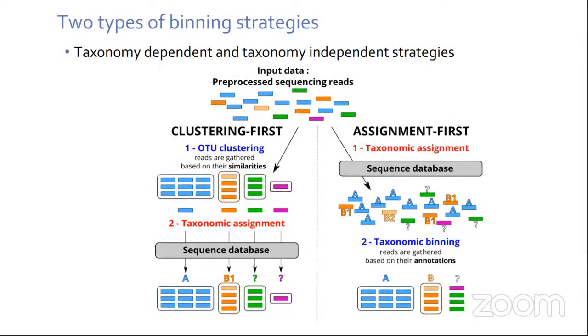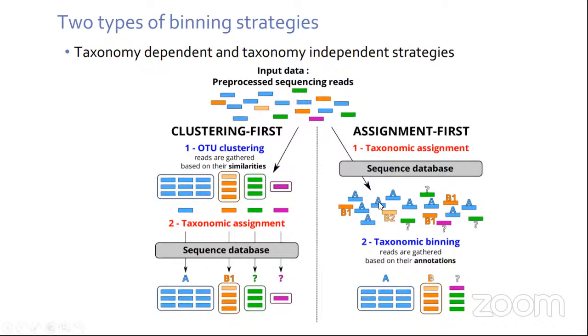These are the two possible binning strategies which we employ. The first is clustering first, and the other is assignment first. One is taxonomy independent, the other taxonomy dependent.